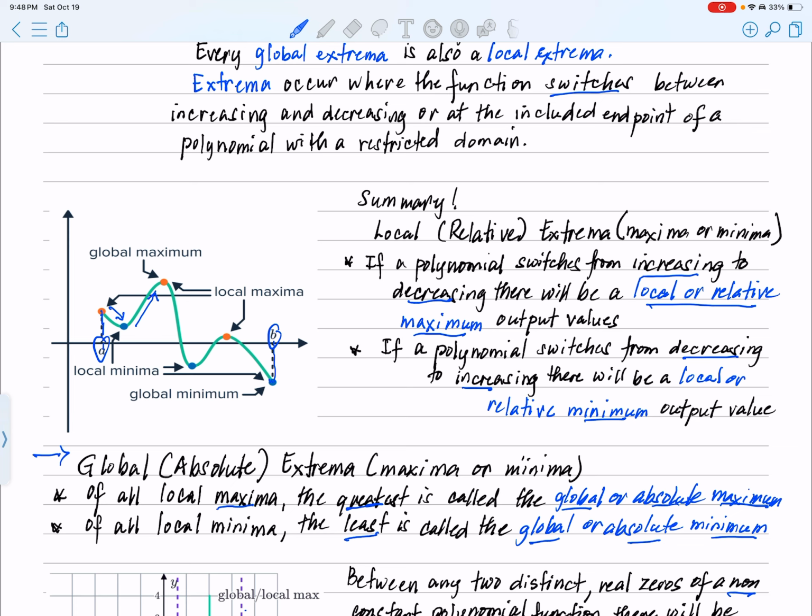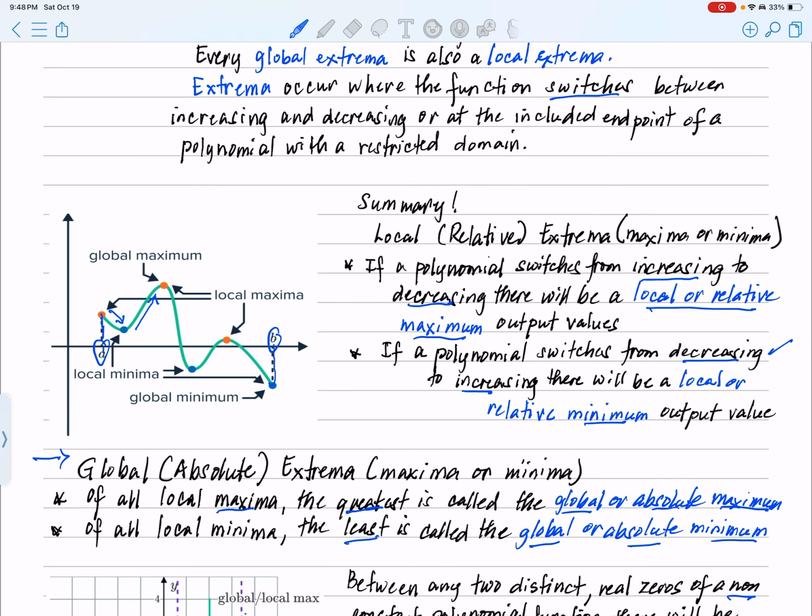From decreasing to increasing, you have a relative or local minima right here. From increasing to decreasing, you have a local maxima, or we say it is the global maximum.